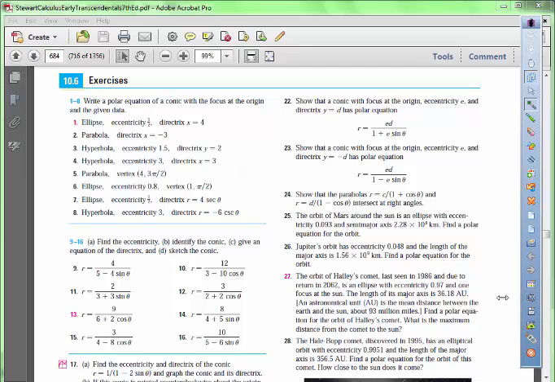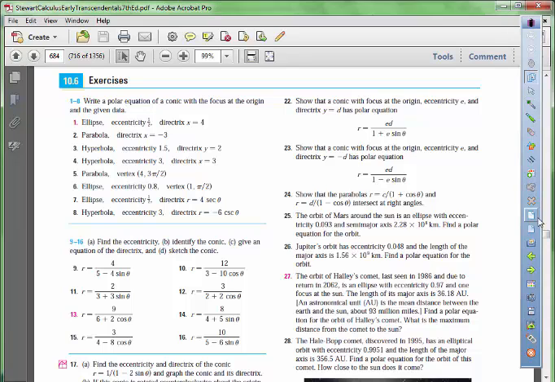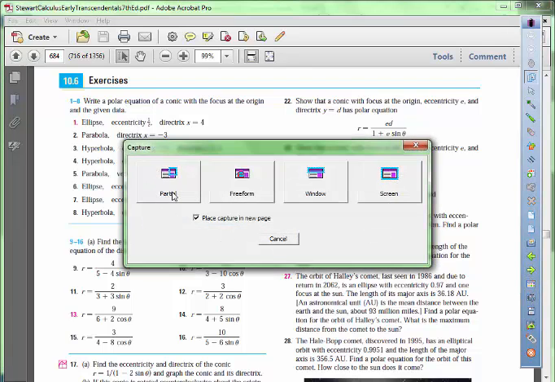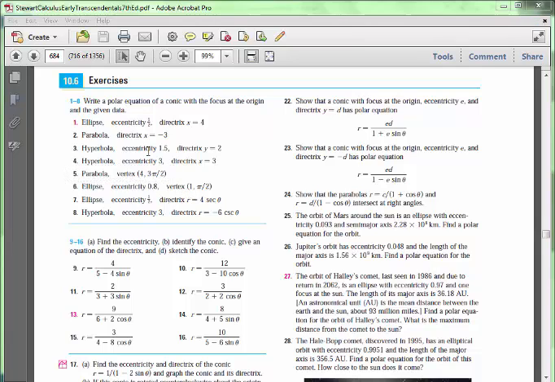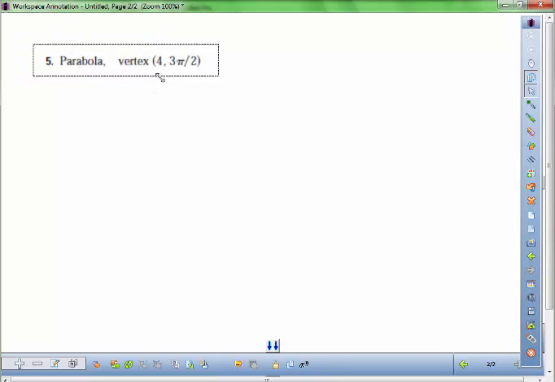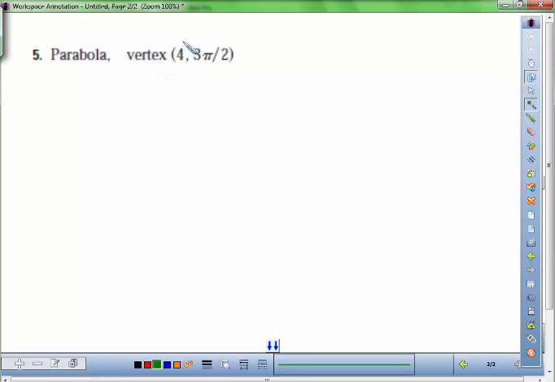So let's pick a problem between 1 and 8. 5. So it looks like they gave us the point in r theta, not in xy, so we should be able to read that appropriately.